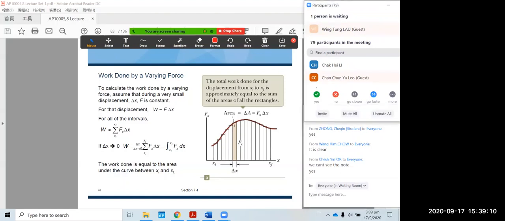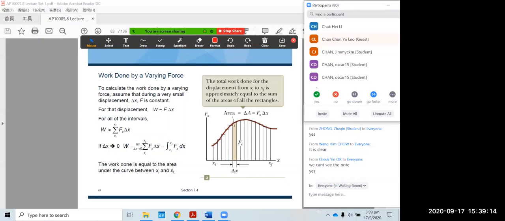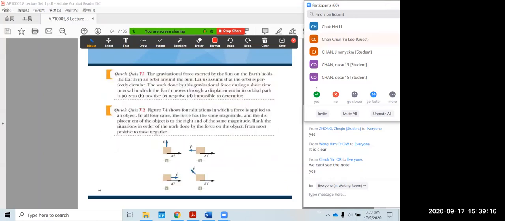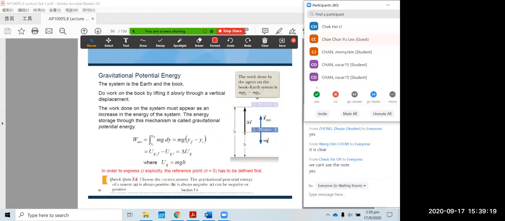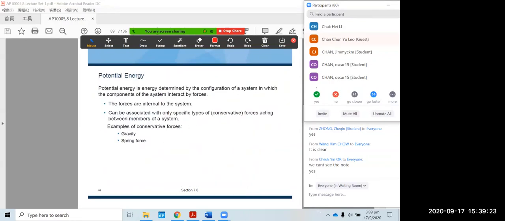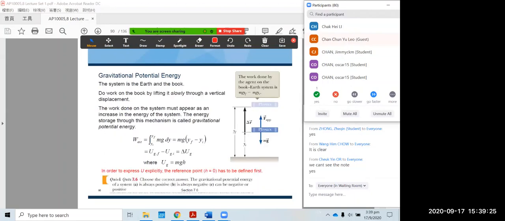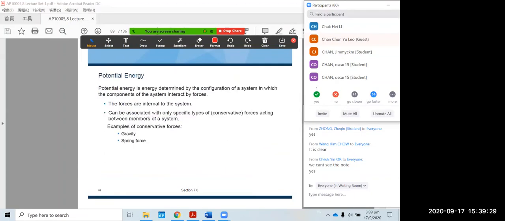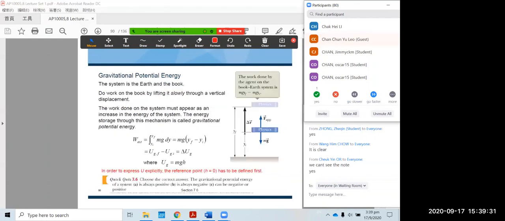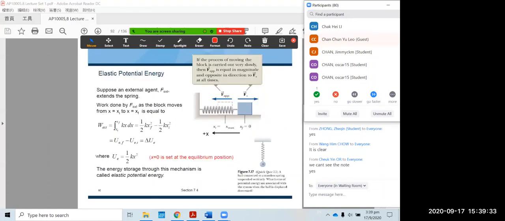The second one is the concept of elastic potential energy. We have probably learned about gravitational potential energy and also kinetic energy, so I'm not spending too much time on those two topics. I will be talking about elastic potential energy.